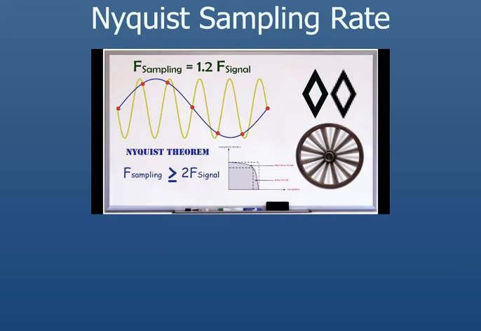Well, humans can typically hear up to 20,000 hertz. Twice that is 40,000 hertz. So you would need to sample music at least 40,000 hertz in order to capture the signal in true form so that it sounds right. And in fact, CDs are sampled at 44,000 samples per second.